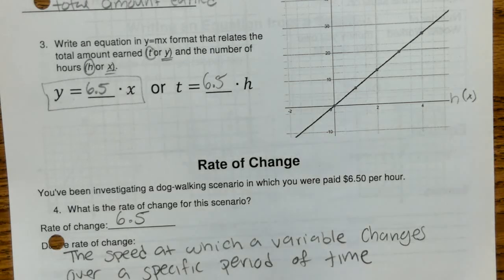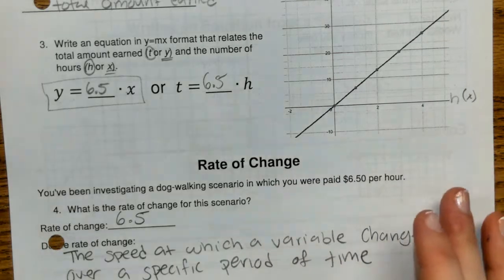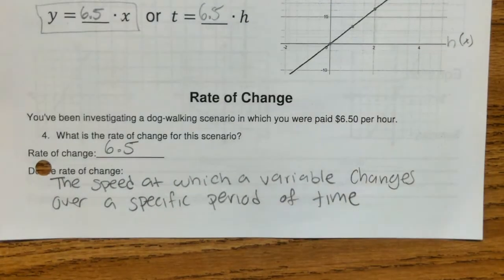Ahmed? The rate of change is your dependent because the more you change your independent, the more your rate of change changes. Okay.